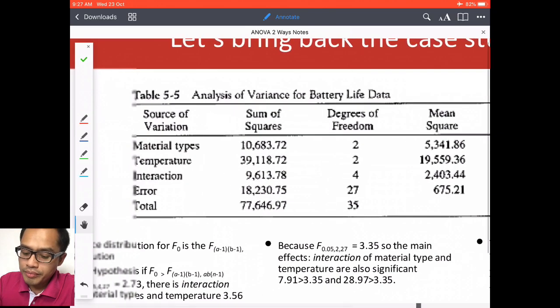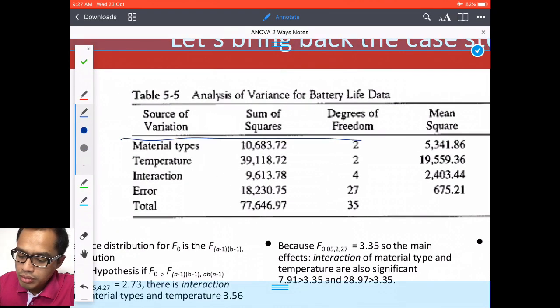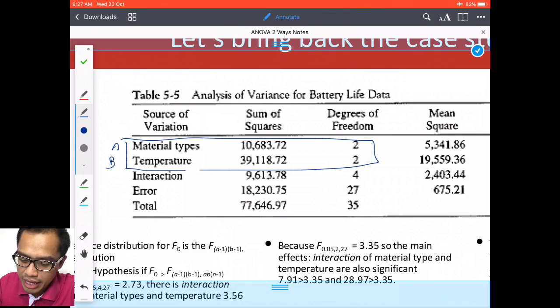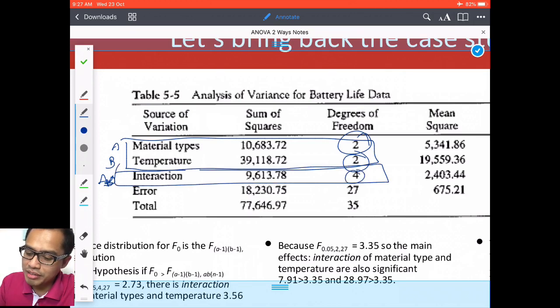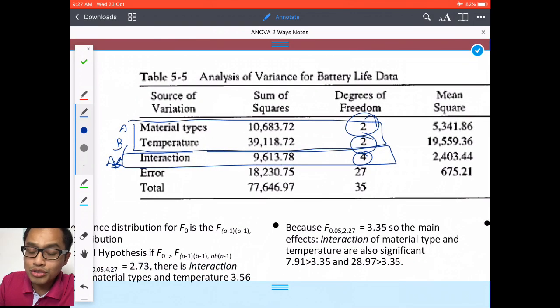Now, take a look. These two, material type and temperature, A and B, have 2 degrees of freedom. Interaction AB has 4 degrees of freedom. Therefore, you need to find two values.